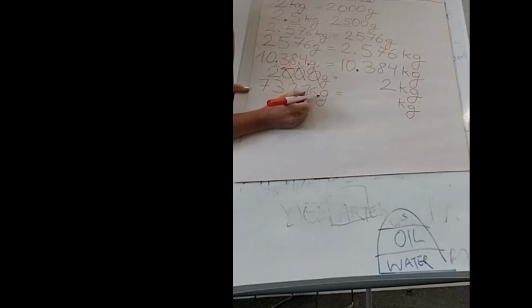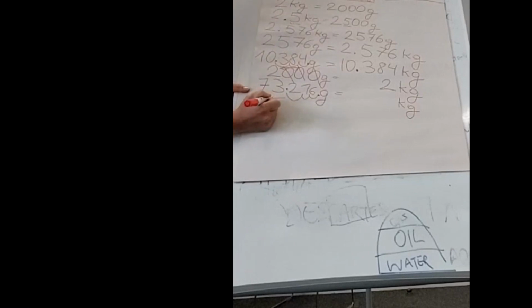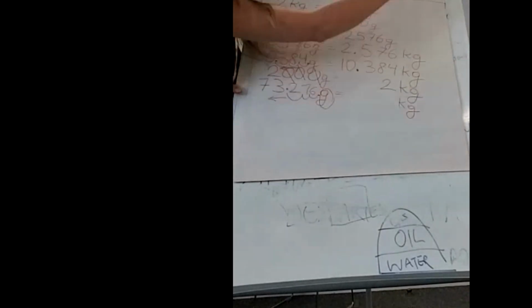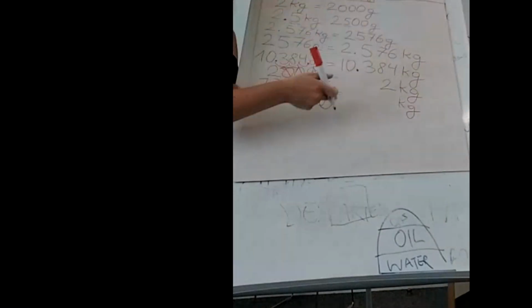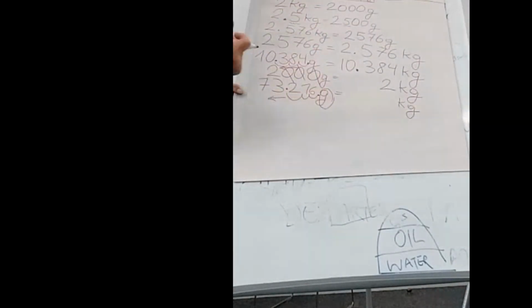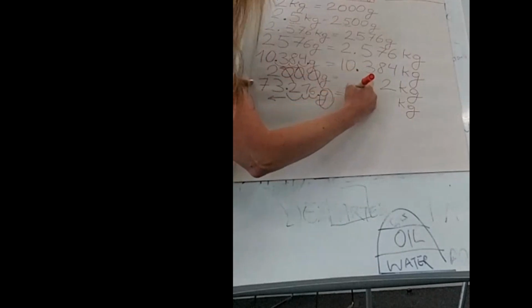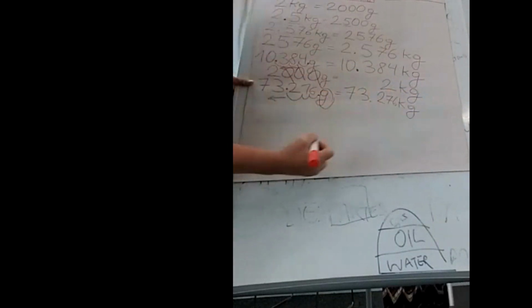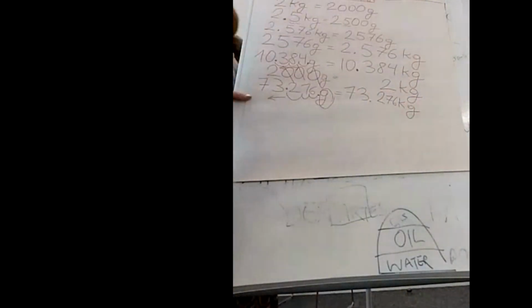That's our magic number. 1, 2, 3. And it lands here. 3 times to the left because these are grams. Gram is a small unit. Small to big unit, move the dot to the left. So that's 73.216 kilograms.